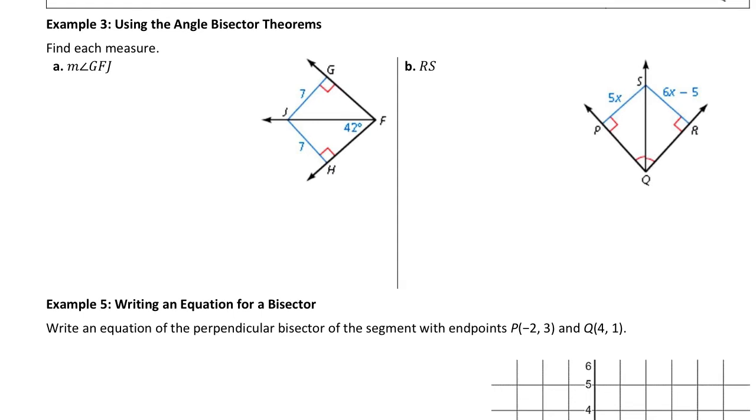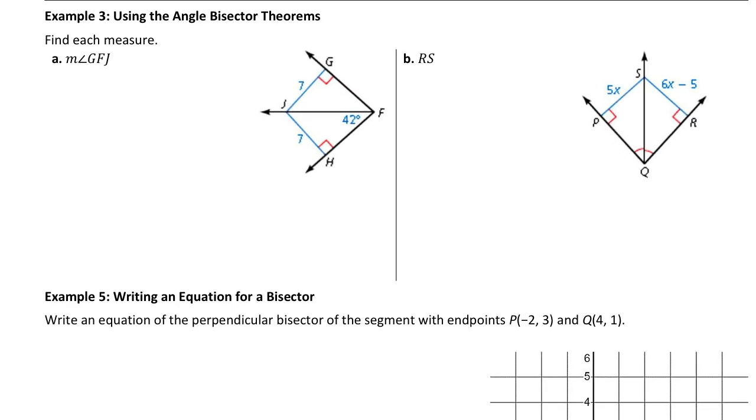So in example 3, finding each measure, GFJ. GFJ is this angle right here that I kind of colored in. So the thing is, is JF an angle bisector? Well, if we look at it, JG and JH are the same length, and they both create perpendiculars.